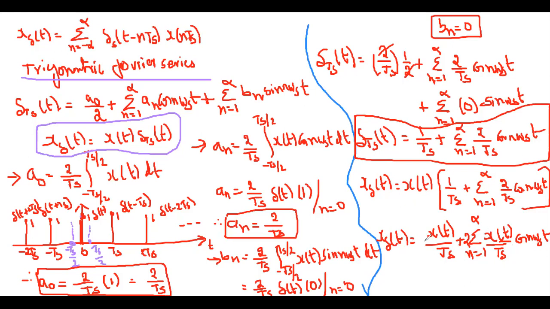Listen carefully. x delta of t is equal to x of t by ts plus 2 into sum of n is equal to 1 to infinity of x of t by ts cos n omega s t. So x delta of t is equal to 1 by ts into x of t plus 2 into sum of n is equal to 1 to infinity.